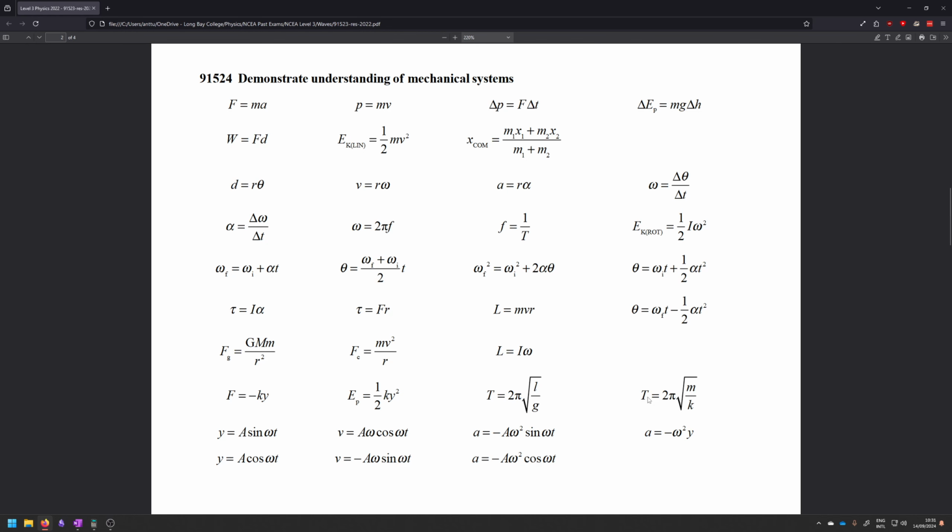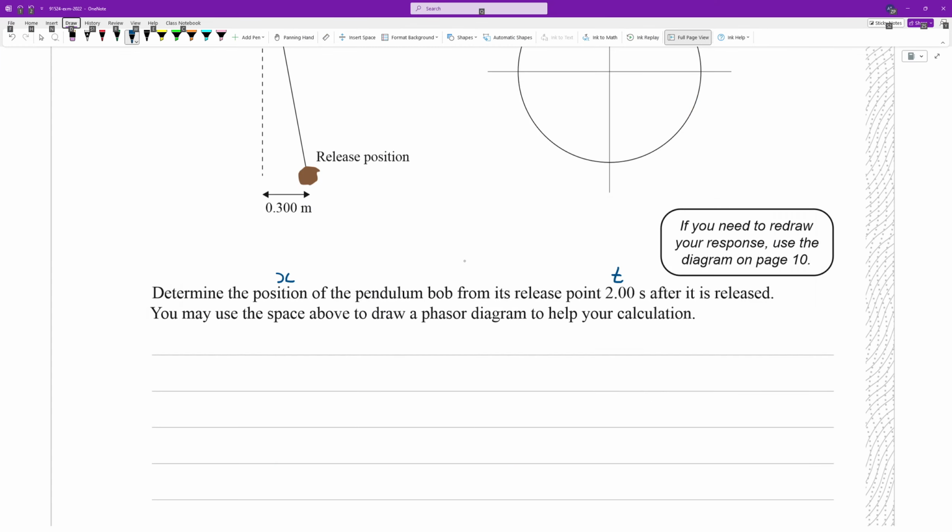Let's go back to our work. I'm going to do that first because omega is an important parameter in an SHM equation: 2 pi over T, where T is the time period, and we already worked that out as 4.41 seconds.